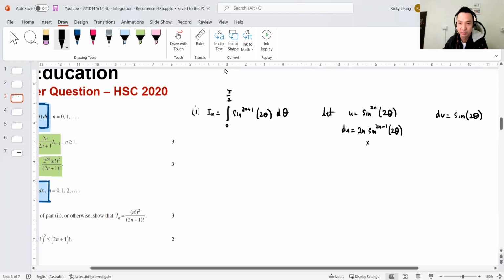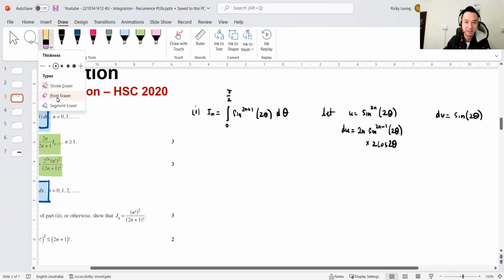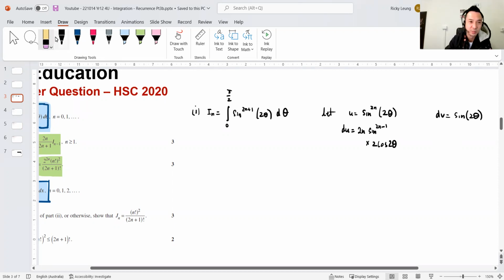Geez, this is hurting my brain a bit. So bring out the 2, sine 2 theta. No, that's not right, cos 2 theta. Can I just write 2 theta? I'm just going to get rid of these brackets. It's not very obvious once I start writing these brackets, so let's just write 2 theta. Yeah, I think that's right.